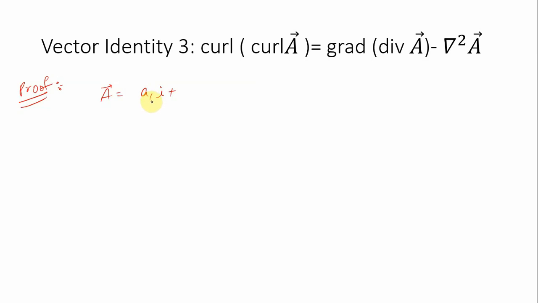You can take any other value. So A1 i plus A2 j plus A3 k be a vector point function of x, y, z. Please remember this is a vector point function of x, y, z.